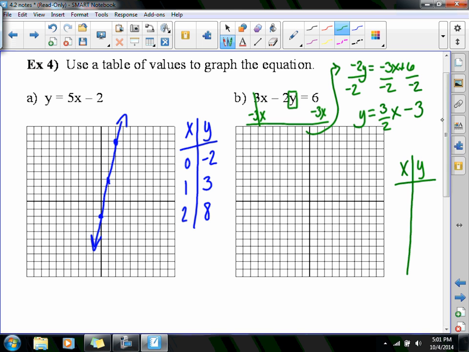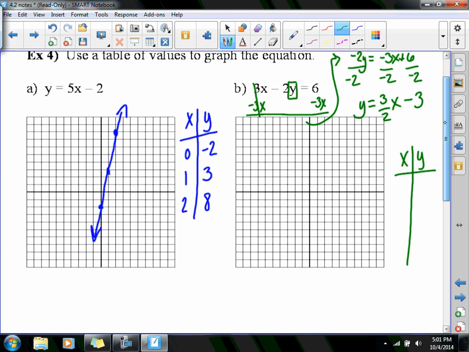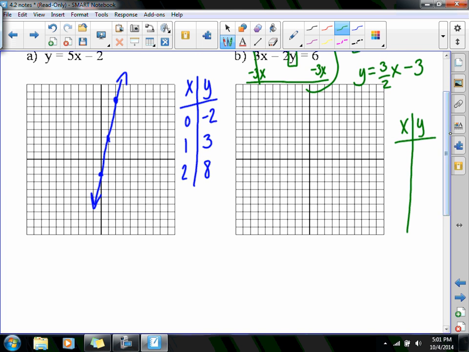Now, I want to be smart here about the numbers that I pick for this table. Any number I pick, I'm going to multiply it by 3/2. So ideally, I want a number that if I multiply it by 3/2, the 2 in the denominator will cancel. Now, I can multiply anything by 0 and just get 0. So I'm going to pick 0 because 0 will just make that fraction go away. So 3/2 times 0 is 0, minus 3 is negative 3.